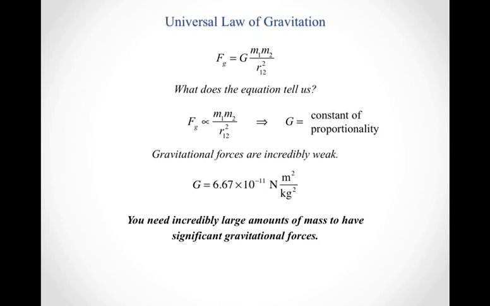We're always in the presence of gravity. But it's the fact that the Earth is such a large mass that makes those gravitational forces significant. What we're going to see is that when we calculate the gravitational force between point masses that have relatively small masses, we get incredibly weak forces.